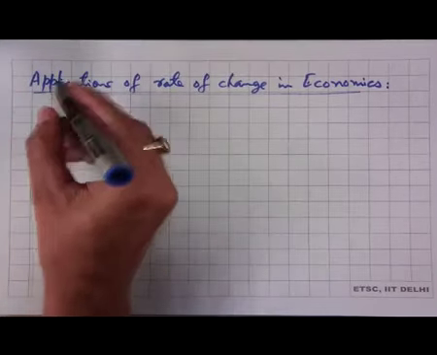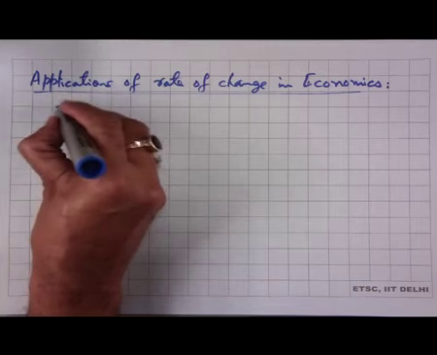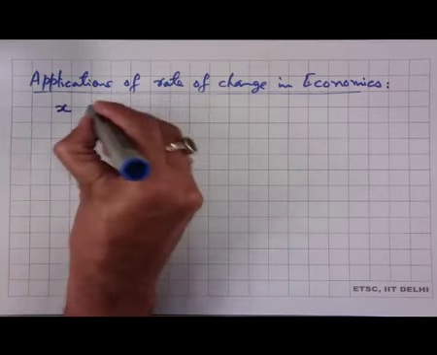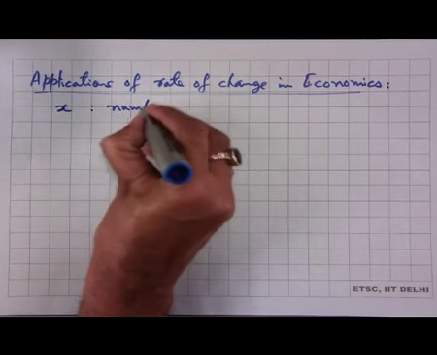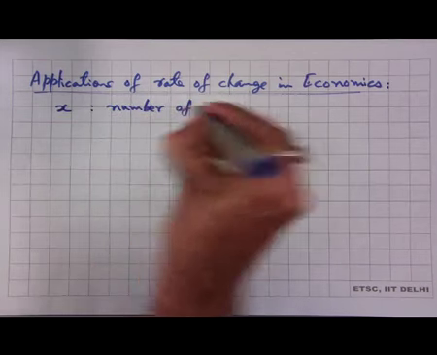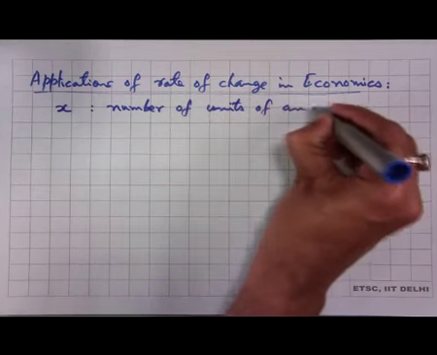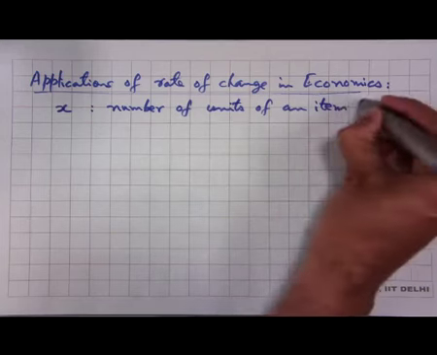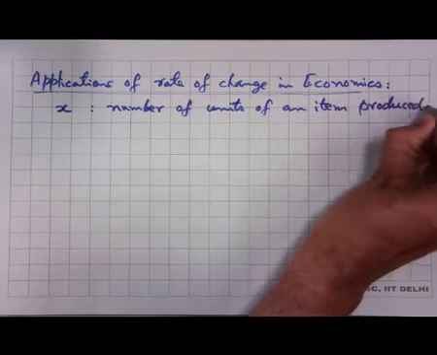So, suppose x is the number of units of an item produced by some industry.